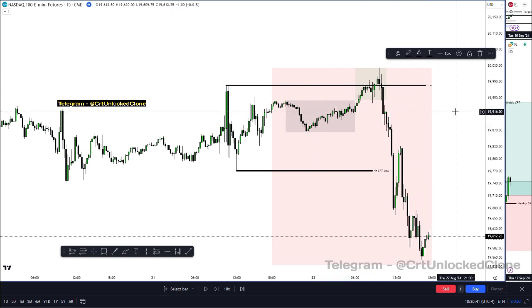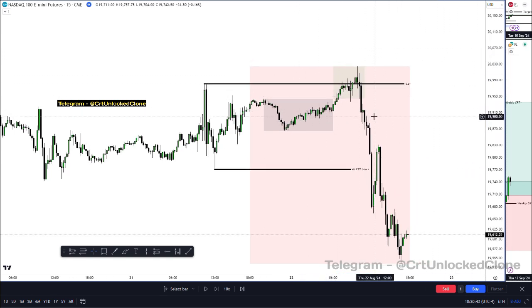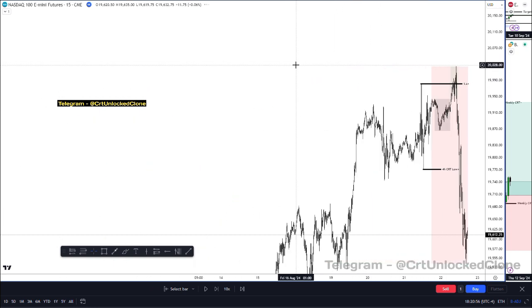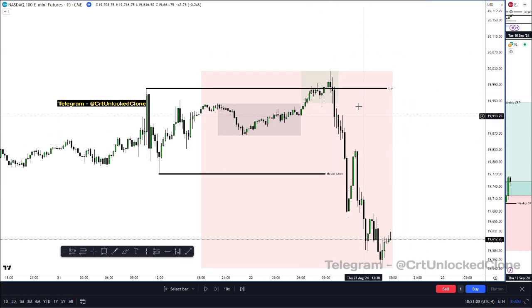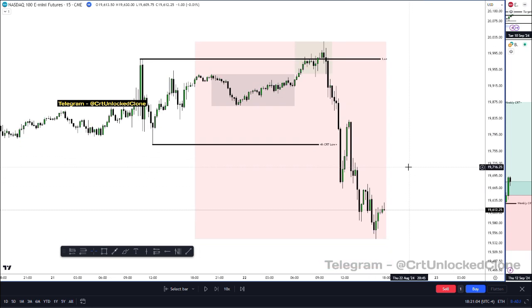This is a model in itself. A 4-hour CRT turtle souped as well as the Asia range high or low. In this scenario, it is the high that is purged with the 4-hour CRT into a key level on the left side here. Ultimately expanding lower towards the 4-hour CRT low and the lower draw on liquidity.